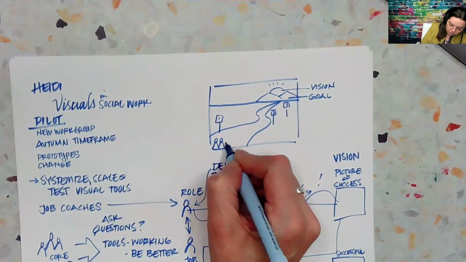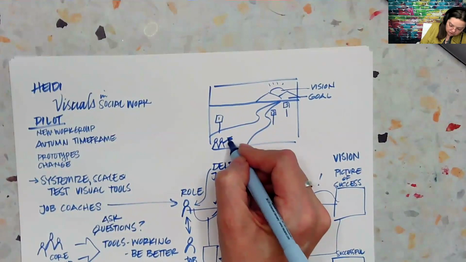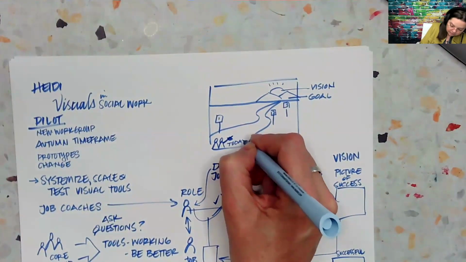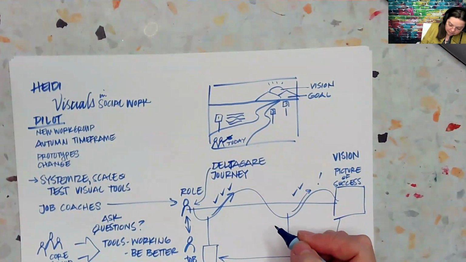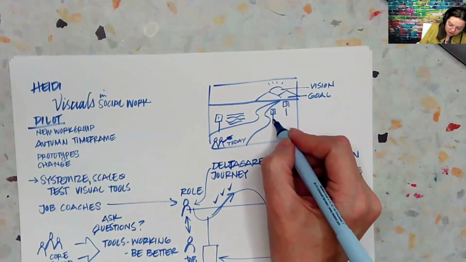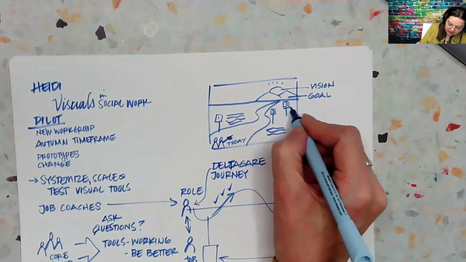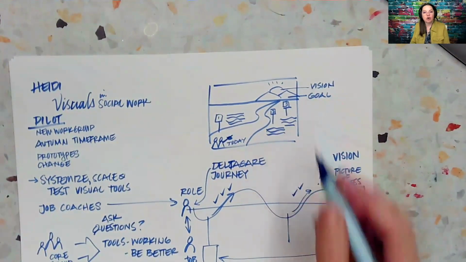And guess what? We're together, and we're pointing at the future today. And our first steps today are to do this. And then maybe later down the road, we're going to do this. And then finally, we're going to do this so that you can meet your vision and your goal.